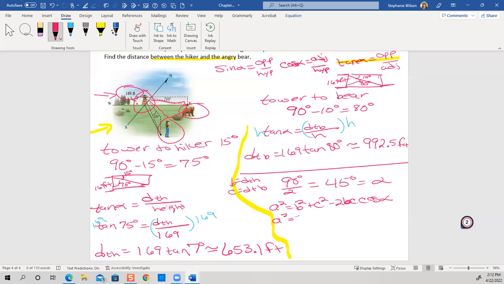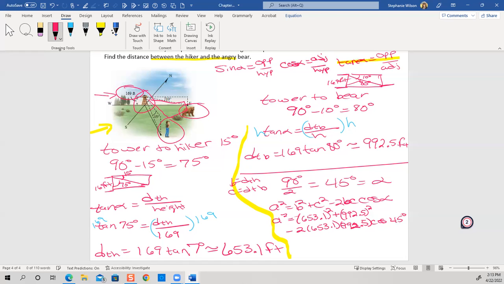So we're going to plug it in. 653.1 squared plus 992.5 squared minus 2 times that B. I didn't give myself enough writing room, so I'm going to bring it down underneath it so it won't be too messy. And we said alpha is 45 degrees.